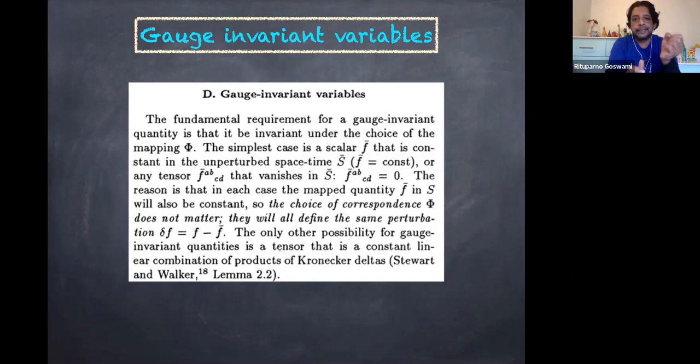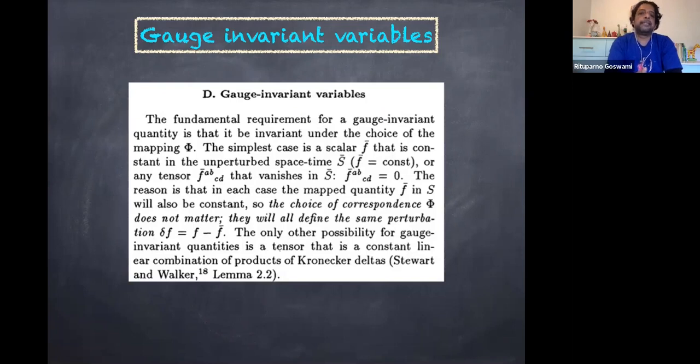So in other words, any covariantly defined tensor that is constant or vanishes in the background spacetime, the ideal spacetime, will by definition be gauge invariant, because the mapping phi is acting on a constant and giving a constant value, which is just a baseline change.